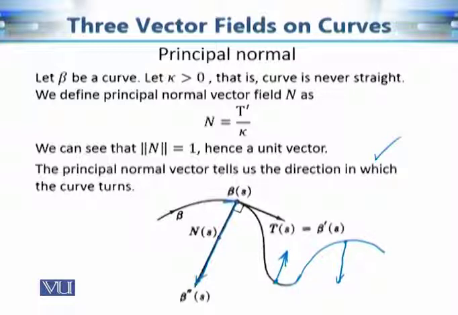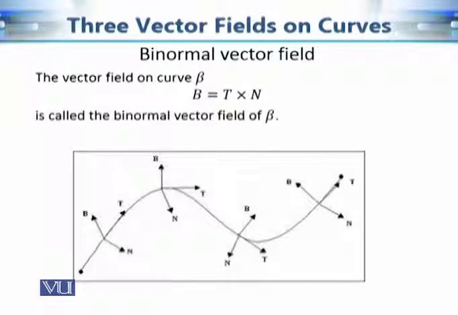Now using these two vector fields, we can define a third vector field, which is the binormal vector field, and this is pretty easy. Because we have two unit vector fields, T and N, by taking their cross product we can define another vector field, which is of course perpendicular according to the definition of the cross product. It is perpendicular to T and N, and it is unit as well.